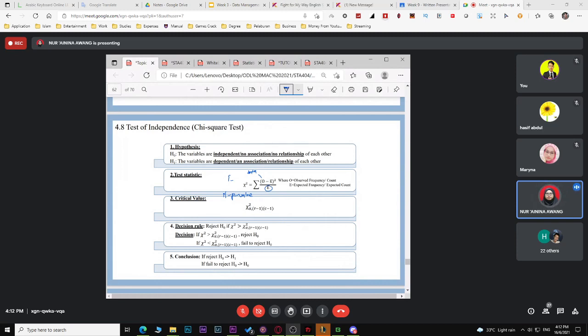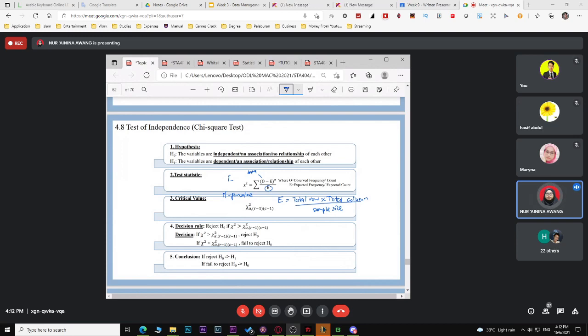The formula is: to find your E, your total row times total column divided by sample size. Okay, so this is how to find the value of E. Then you substitute the value for E in the formula, and you will get the value for your chi-square calculated.